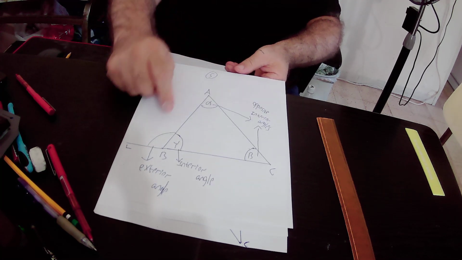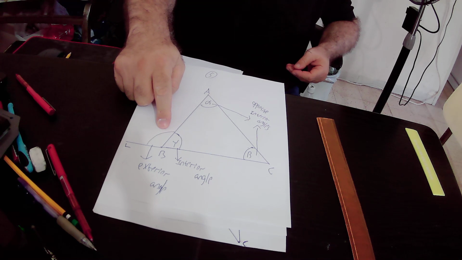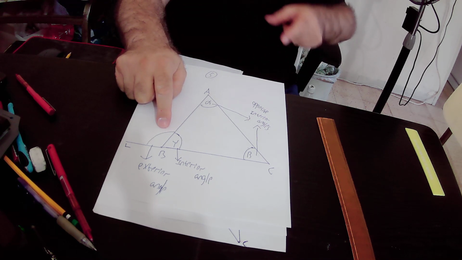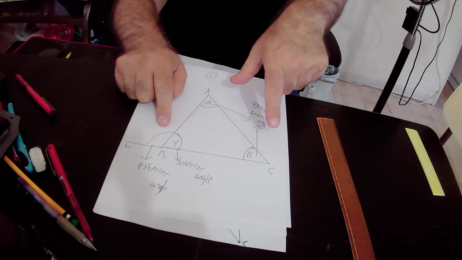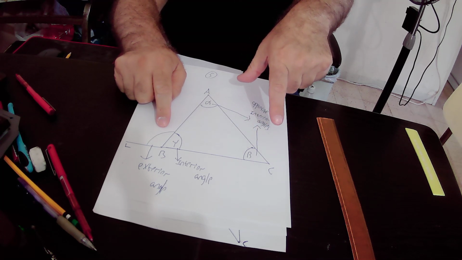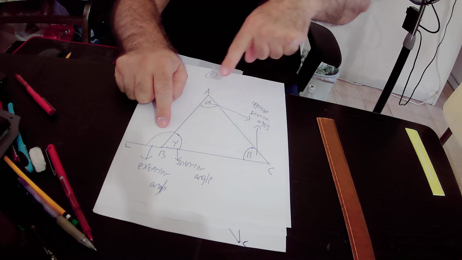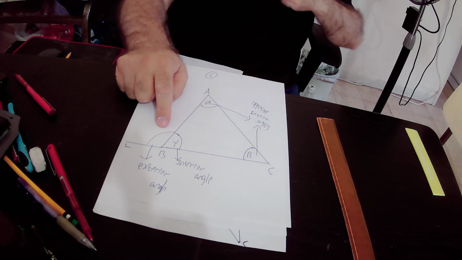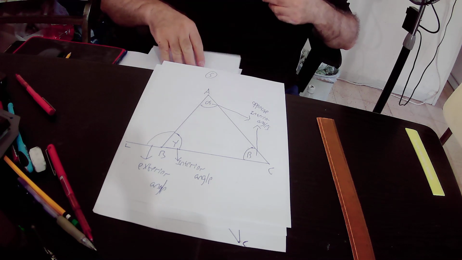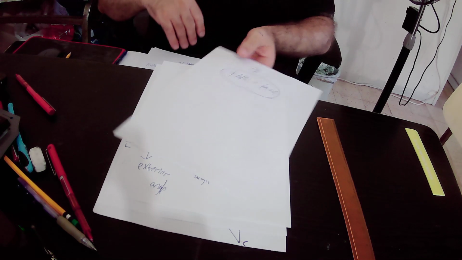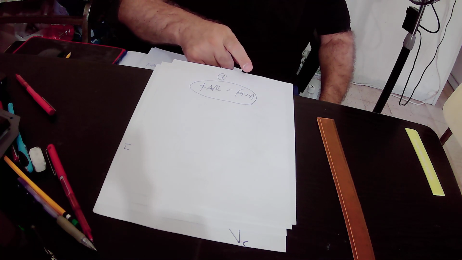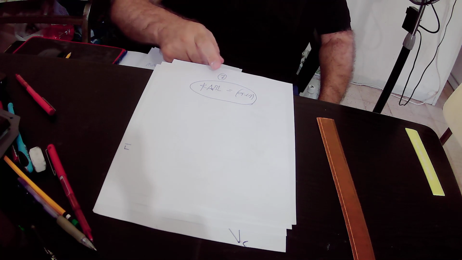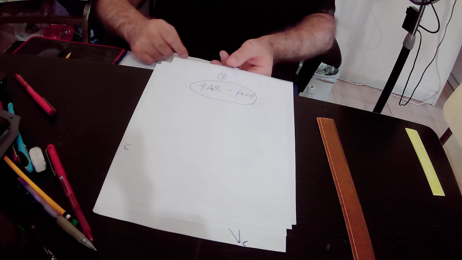So this exterior angle, angle ABL, is equal to the sum of the two opposite interior angles. That is to say, the exterior angle ABL equals angle alpha plus angle beta.